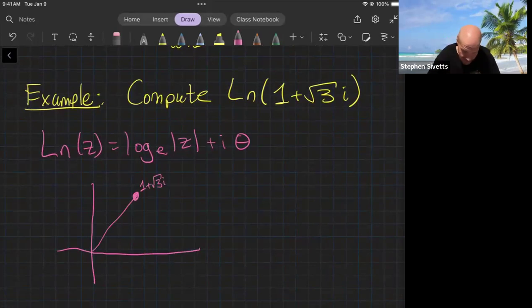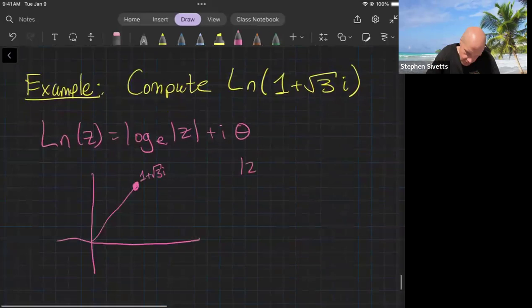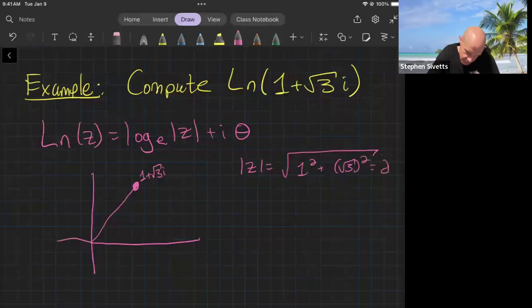And then the modulus of z equals the square root of 1 squared plus root 3 squared, which is 2, right? So the modulus of z is 2.